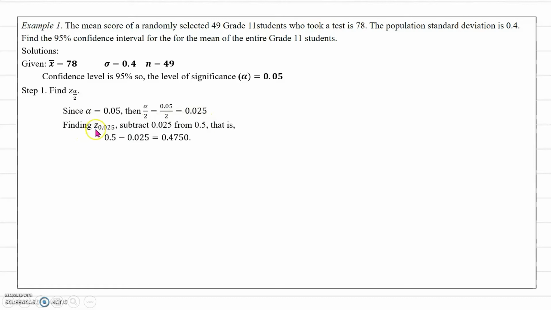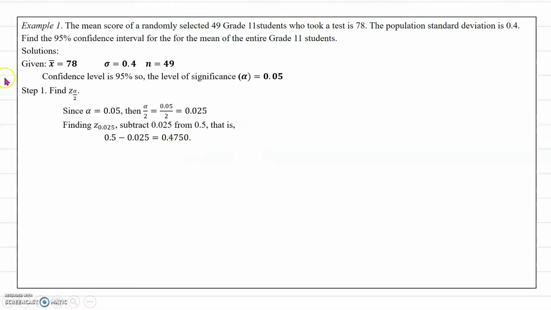Finding the corresponding z-score of 0.025, we subtract 0.025 from 0.5. So that is 0.5 minus 0.025, that's equal to 0.4750. Now, what do we do next?